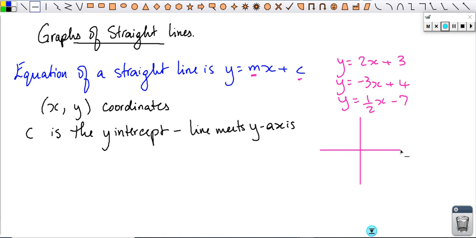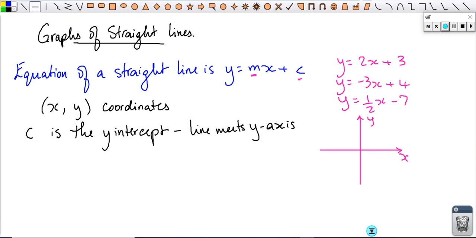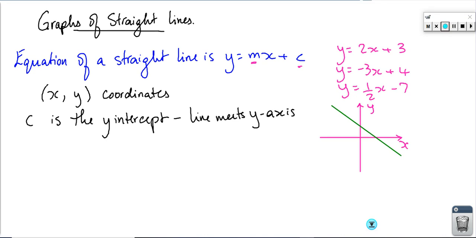Okay, so I have my x and y axis. We're going to have a line. For example, this is the line. The point where the line meets the y axis, this point here, is the y-intercept.